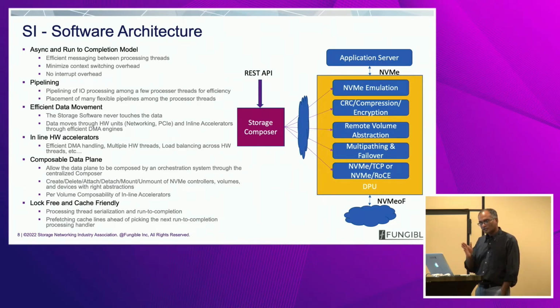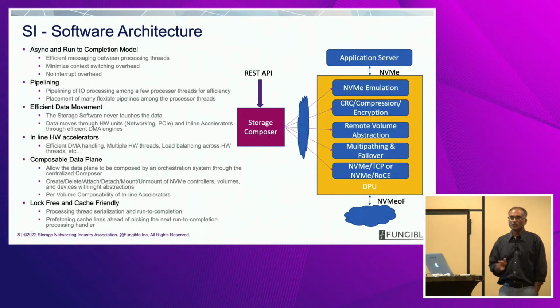And the dispatch, usually you can call it context switching overhead if you're in the CPU world, right? The time it takes for you to dispatch is very minimal. We are talking of the order of 30 to 40 cycles. So we minimize the context switching overhead, and there are no interrupts. Everything is what we call work units. Basically, they are messages going between the processors.